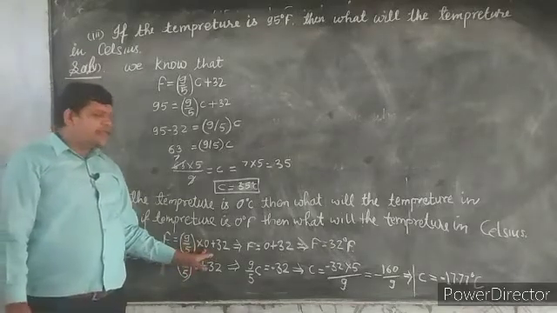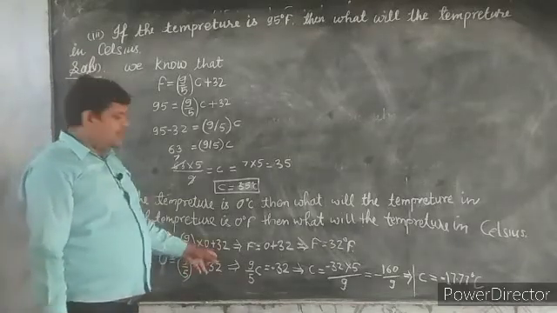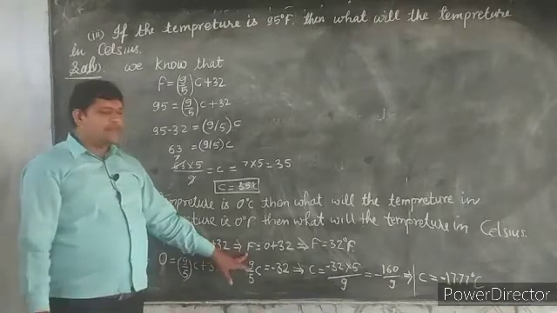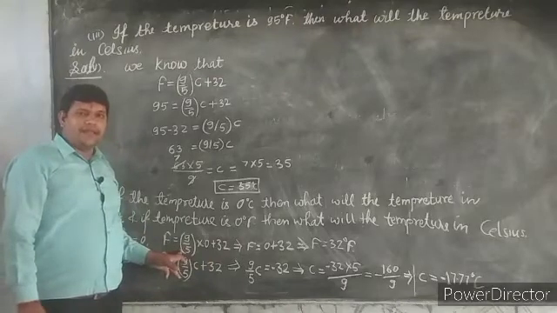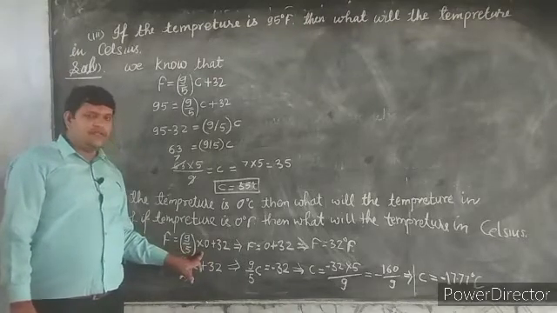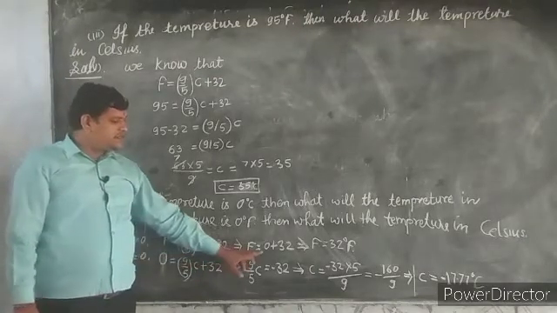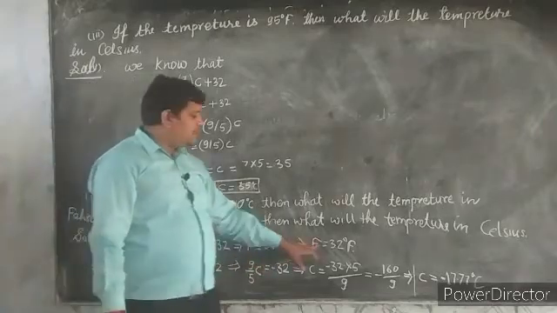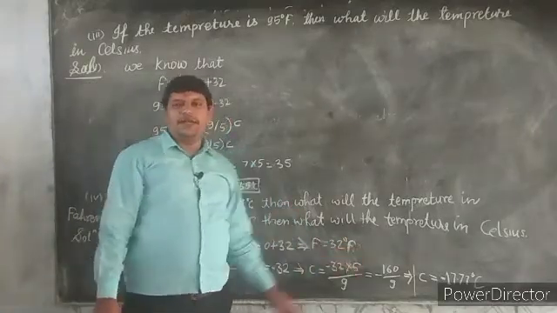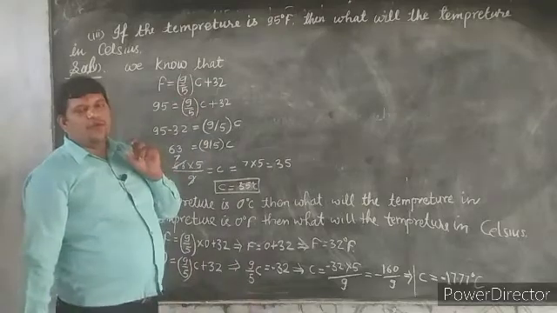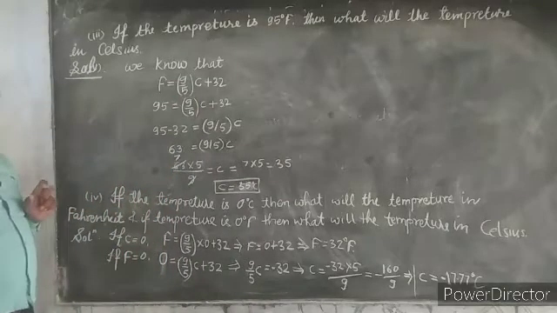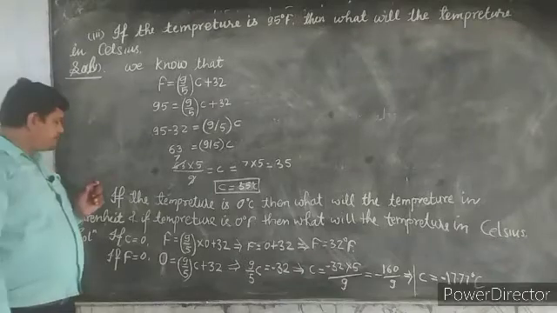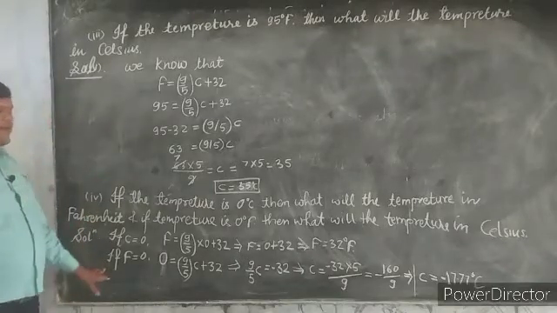F is equal to 9 by 5 into 0 in place of C plus 32. 9 by 5 into 0 is 0, 0 plus 32, it means F is equal to 32 degrees Fahrenheit. It means when temperature C is 0, then the temperature in Fahrenheit will be 32.